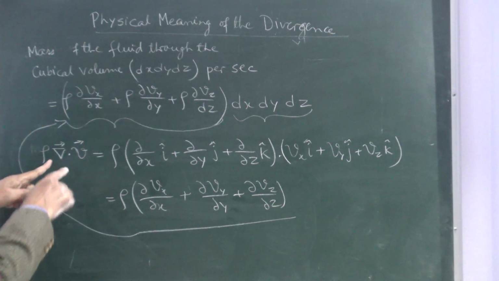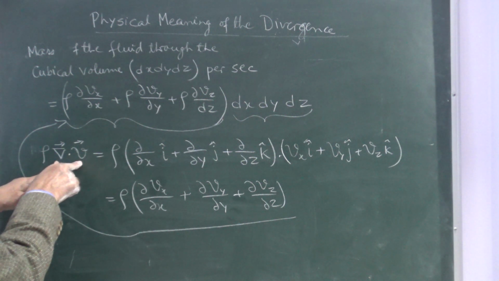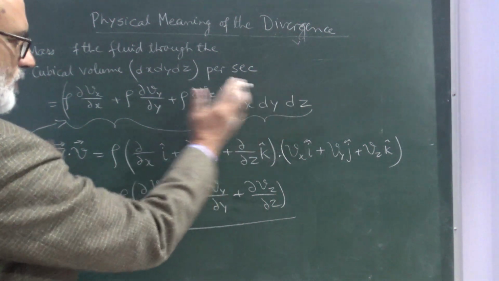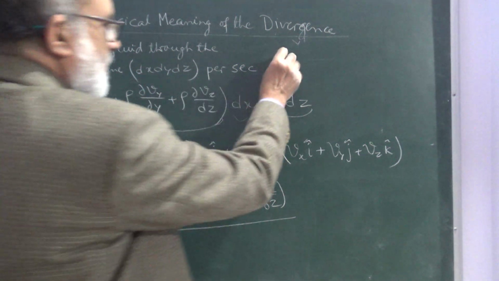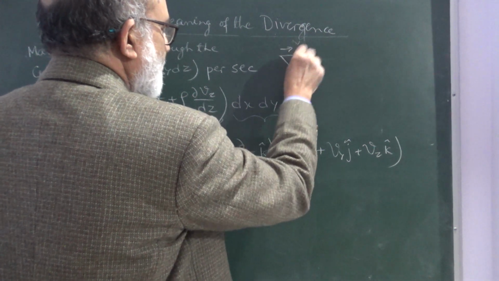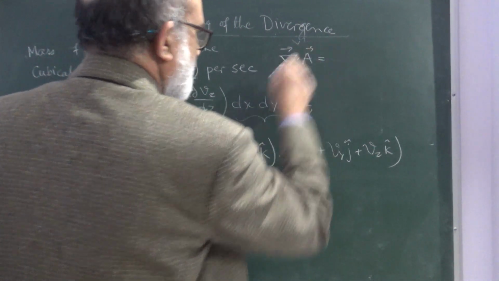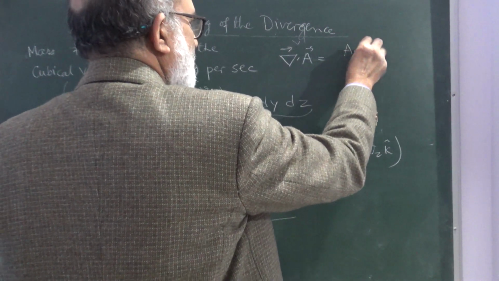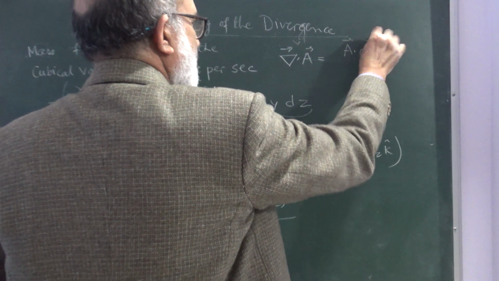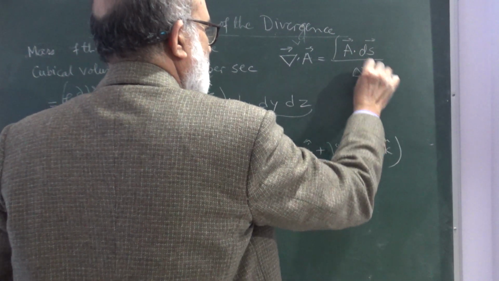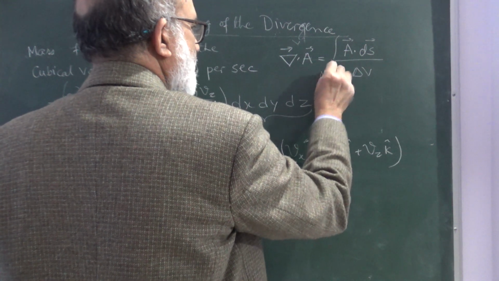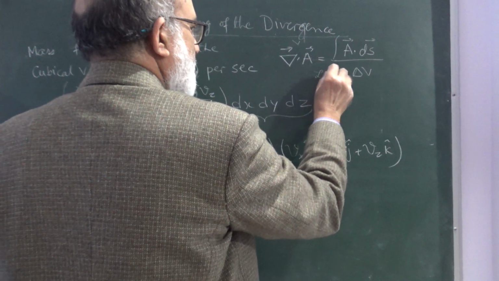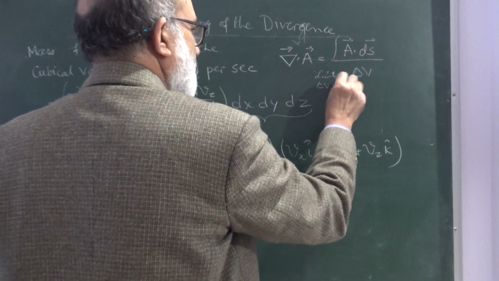So it means the divergence of any field is the flux per unit volume. This is the volume, but this is per unit volume. So you can say that the divergence of any field A is the flux of A, which is A dot ds, divided by the volume, where the volume delta V tends to 0 in the limit.